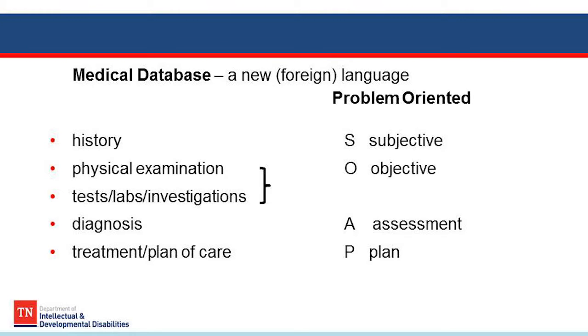So subjective information is the history, what the person tells me. Objective is what I find from examining the person and the results of any tests. And then the assessment is the diagnosis, and P is the plan. So you'll see sometimes in copies of information you may take back to the agency or keep at home the headings of SOAP.